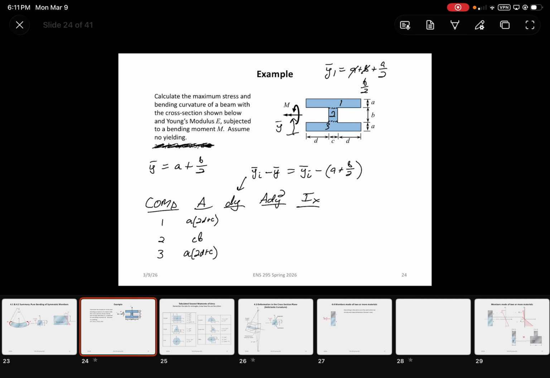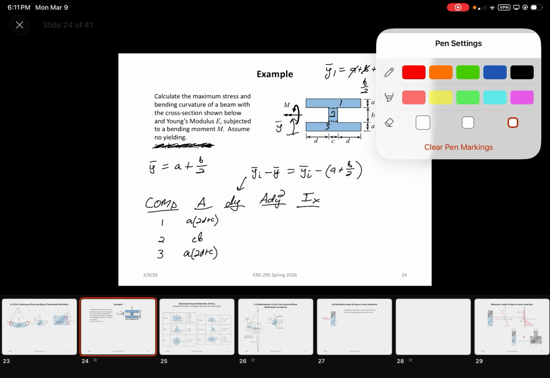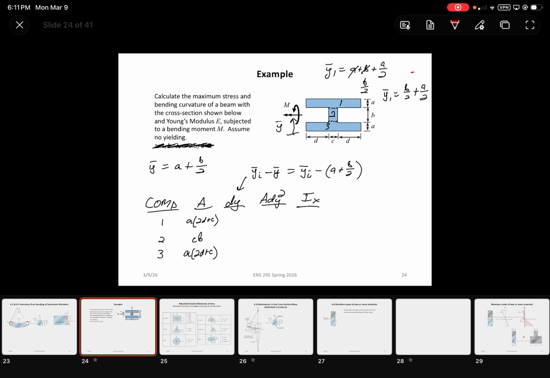So it's going to be what? y bar 1 is equal to b over 2 plus a over 2? Is that what everyone gets? Somebody confirm that. Somebody fact check. Let's see. a plus b plus a over 2 minus a minus b over 2. That a cancels with that a. That then just makes this b over 2. So yeah, b over 2 plus a over 2.